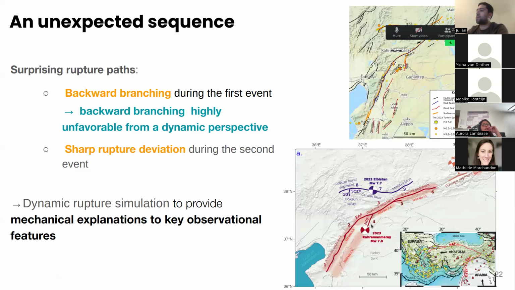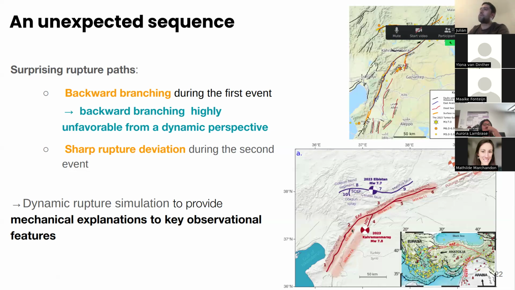As I said, the earthquake nucleated on this small splay fault here, and then propagated on the East Anatolian fault. And what is unusual is that the rupture did what we call a backward branching. The rupture goes back in the other direction.